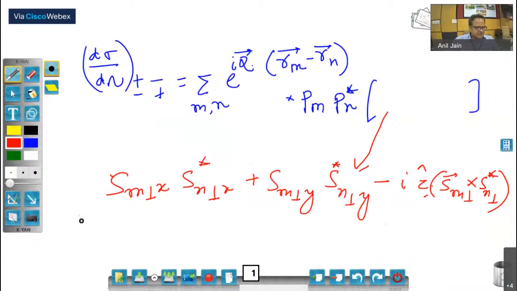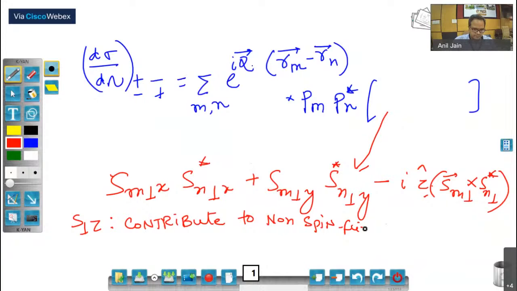So what we see here with these two expressions is that this contributes to the non-spin flip process, and S perp x and S perp y contribute to the spin flip process. You can see it here.